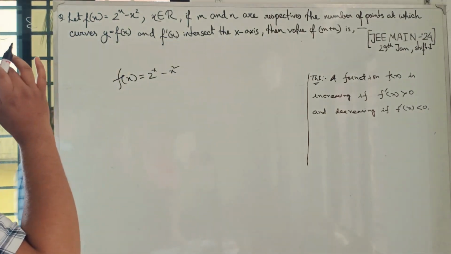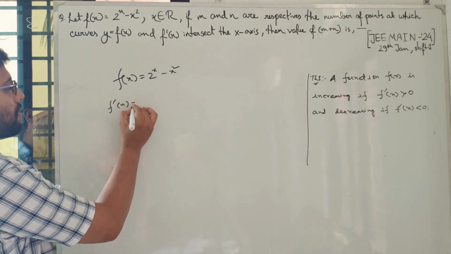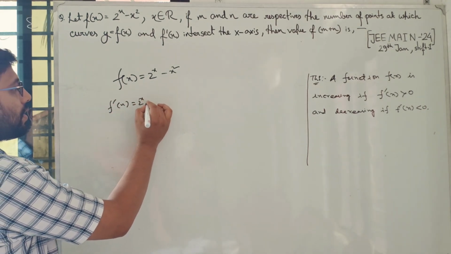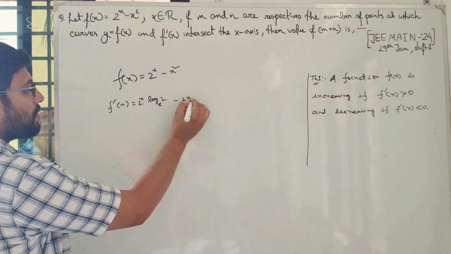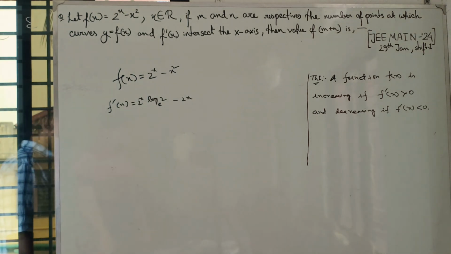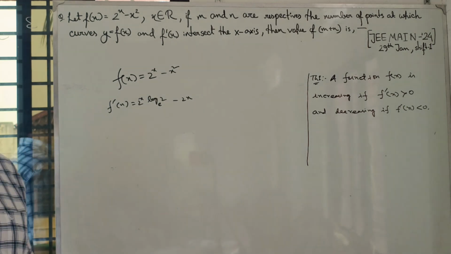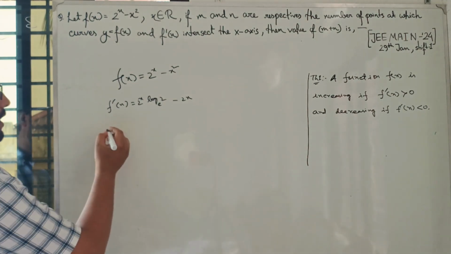Okay, now look, f'(x) is 2 to the power x log e 2 minus 2x. Now we cannot say this function is increasing or decreasing, so this is not clear to us. So we will differentiate it once again.